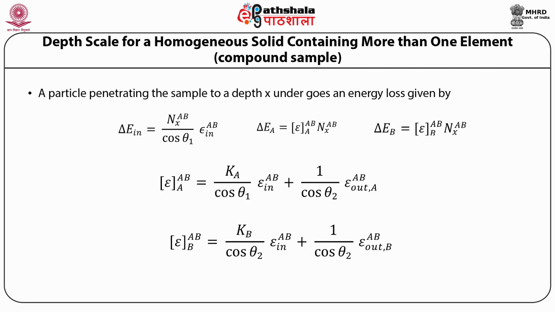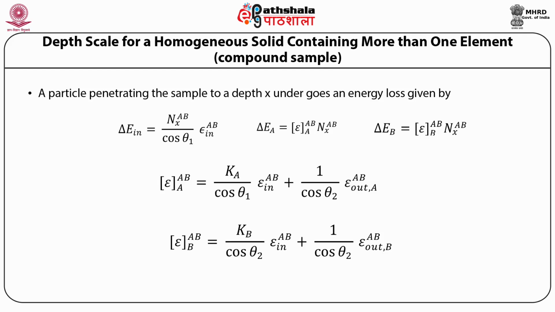Delta E_B can be written as epsilon_B superscript AB multiplied by N x superscript AB, and epsilon_B superscript AB can be written as K_B divided by cos theta 1 times epsilon in superscript AB plus 1 divided by cos theta 2 times epsilon out subscript B superscript AB.